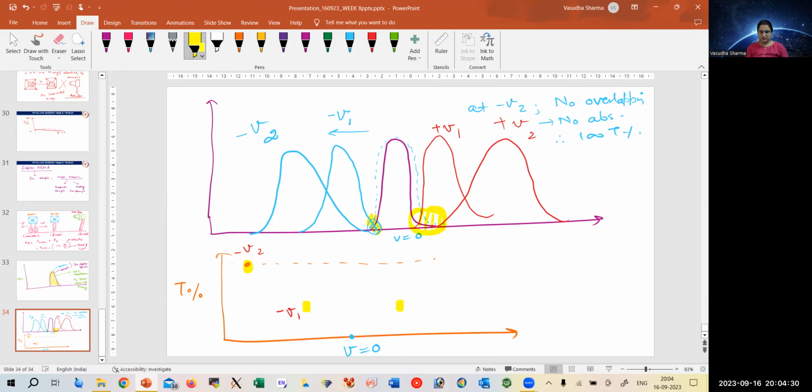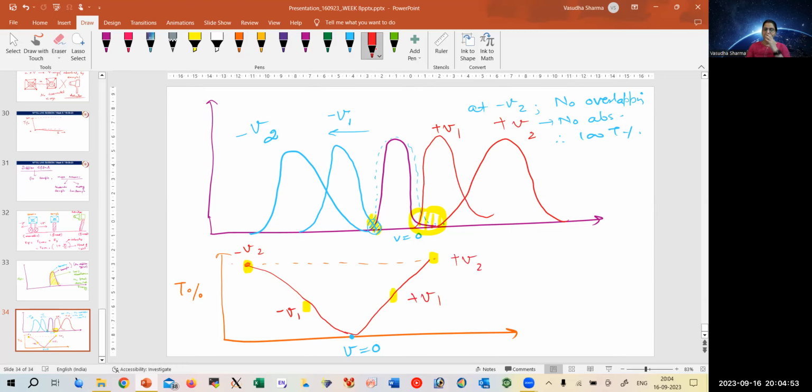So plus V1 would be here and plus V2 would be here. Now if I draw the graph, it would be like this way. This is my plus V1 and plus V2.